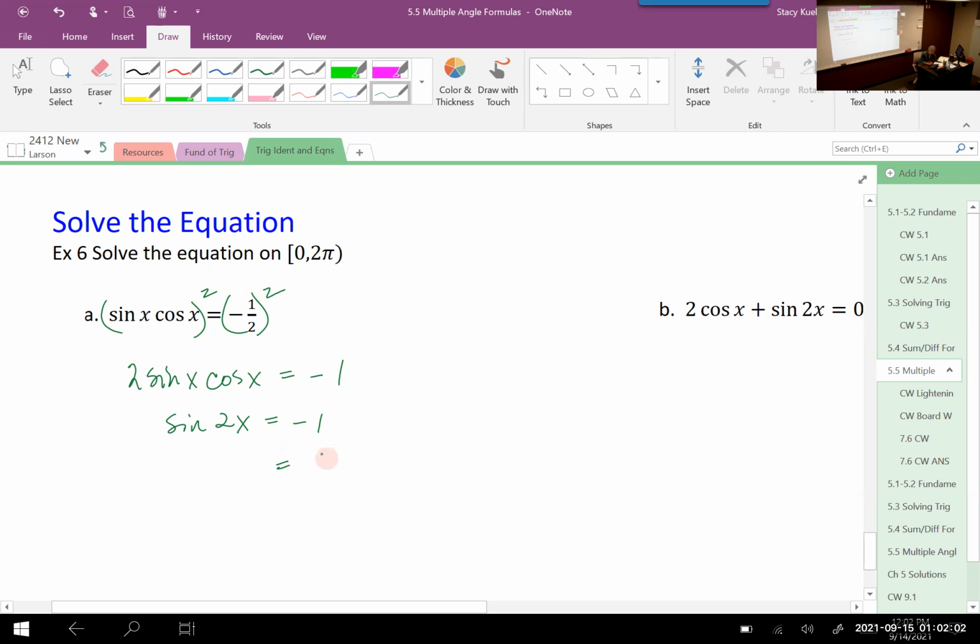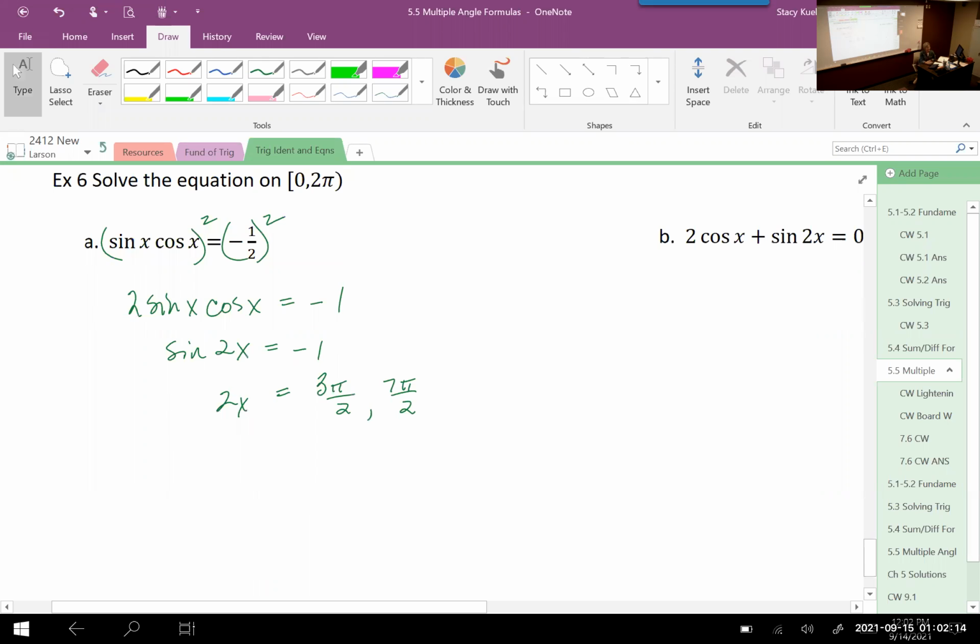Hold on a second, let me write this down before I forget. We said 3 pi over 2 and 7 pi over 2, correct? Was equal to 2x. And then we would divide both sides by 2 or multiply by 1/2. 3 pi over 4, 7 pi over 4.